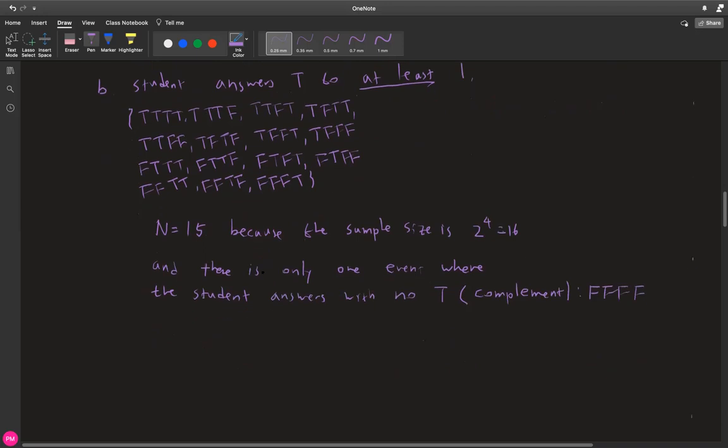Let's do one more, since we looked at the "at least." Let's look at the "at most." So the student answers T to at most 2, let's say.